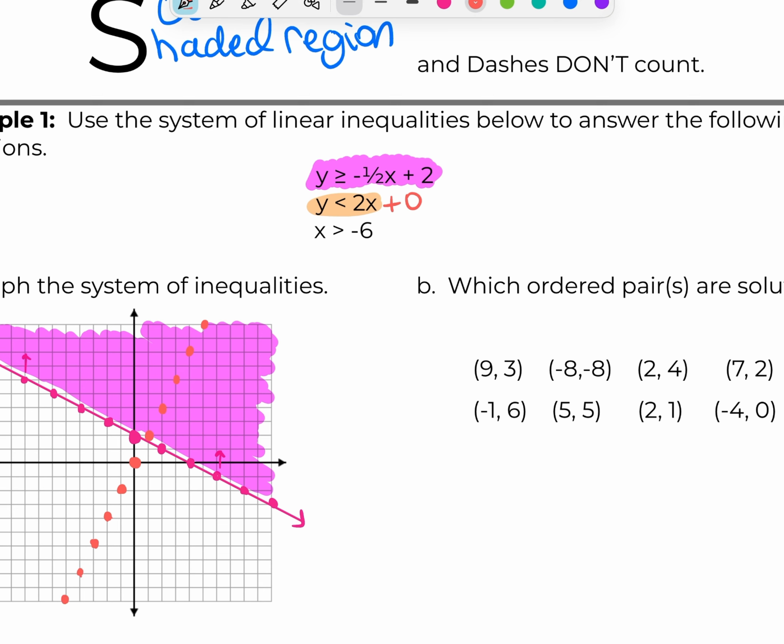Now that one does not have an equal to, so these are going to be dashes. And our shading of that one, that is a less than, so we're going to draw an arrow down from those points to get our shaded region for that one line. And then you can see that our colors are starting to mix, and our final answer is going to be where all the colors mix.